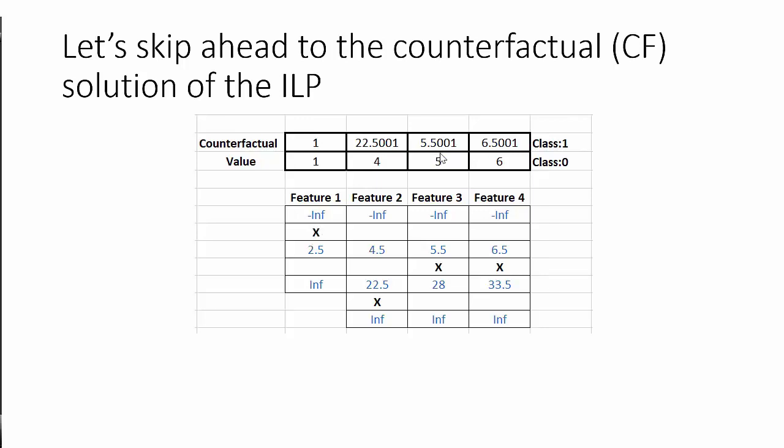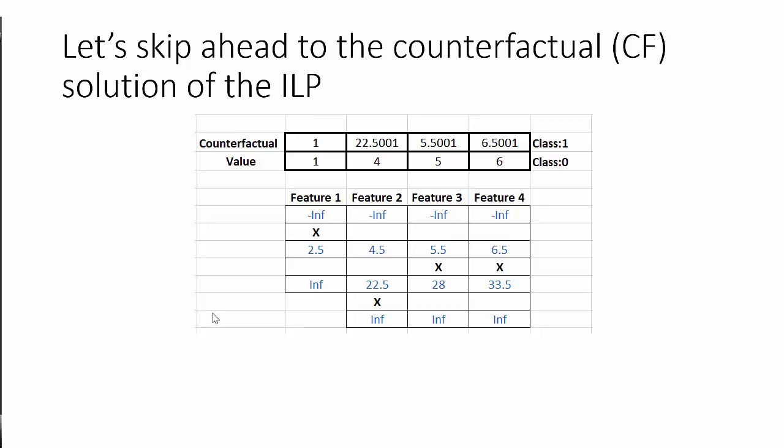But the third feature has to be changed from 5 to above 5.5, and the fourth feature has to be changed from 6 to above 6.5, so there is some change that has to be made to the apartment's condition. And the second feature has to be changed the most, from 4 to above 22.5. And these changes will shift the active bins to those constellations and retain the first in the current state.